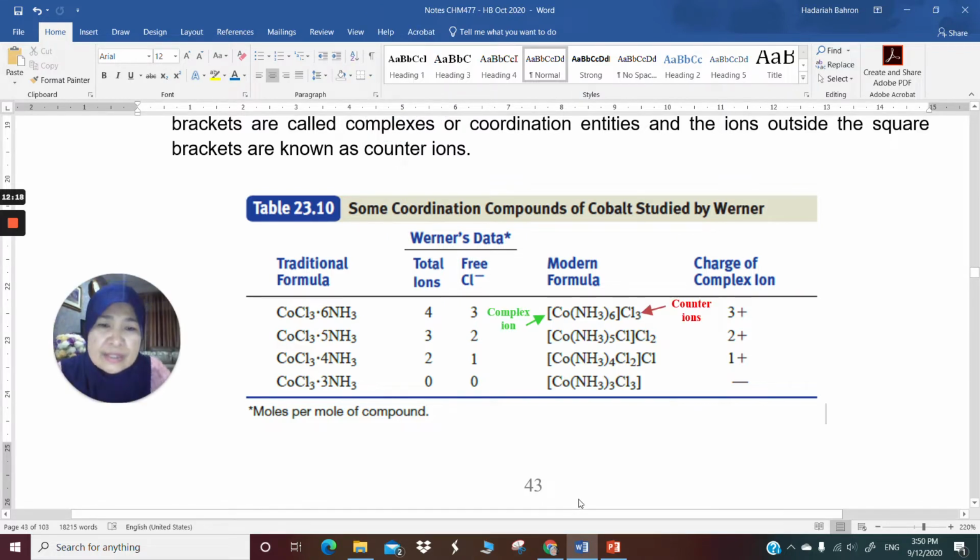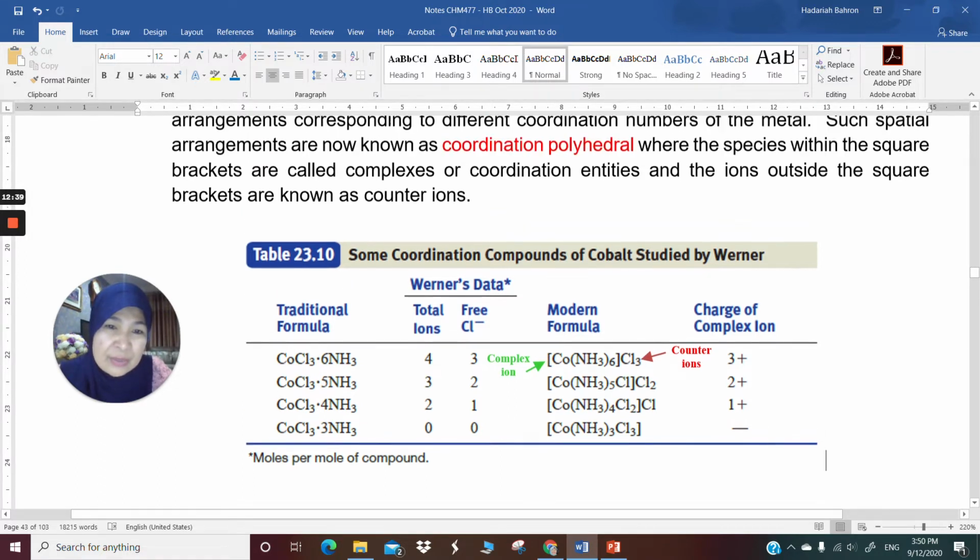The one written in green saying complex ion is the part of the compound which is located in the square bracket, and the Cl3 located outside of the square bracket is called the counter ions.